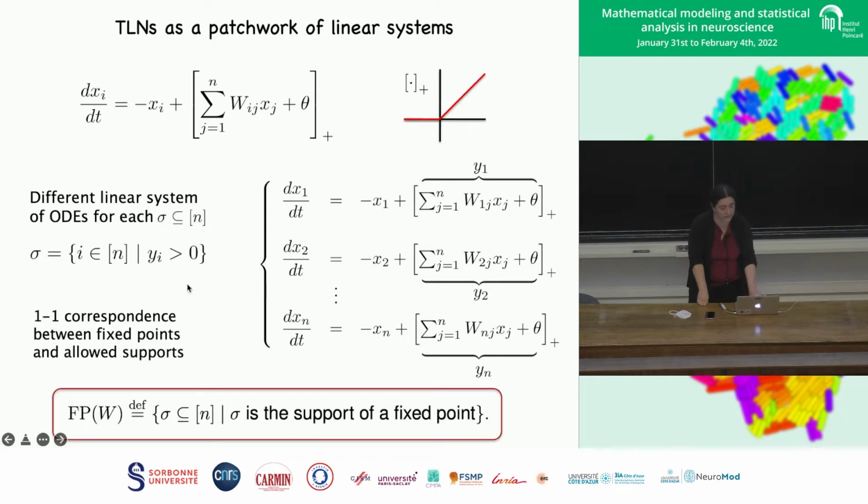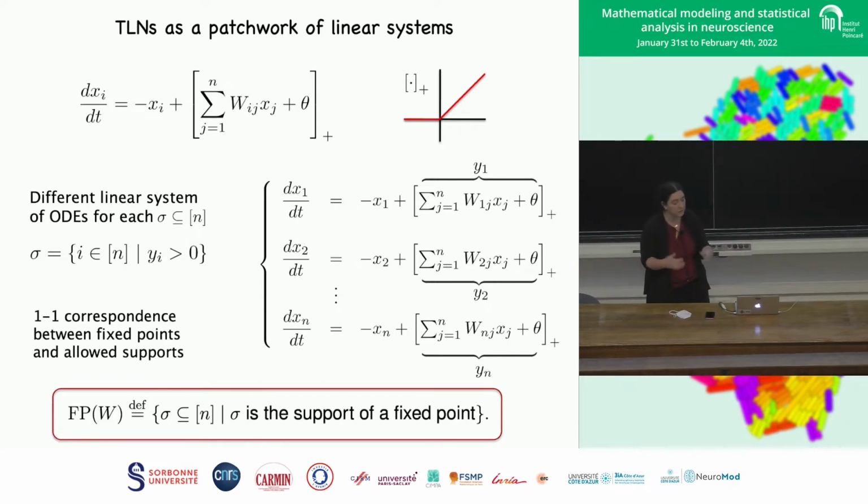And there are some nice things you can unpack from that. In particular, there's a one-to-one correspondence between the fixed points of the full TLN and allowed supports of fixed points. In order to have a fixed point of the full network, you need a fixed point of one of those linear systems that actually lies inside the correct chamber where that linear system is governing the dynamics.